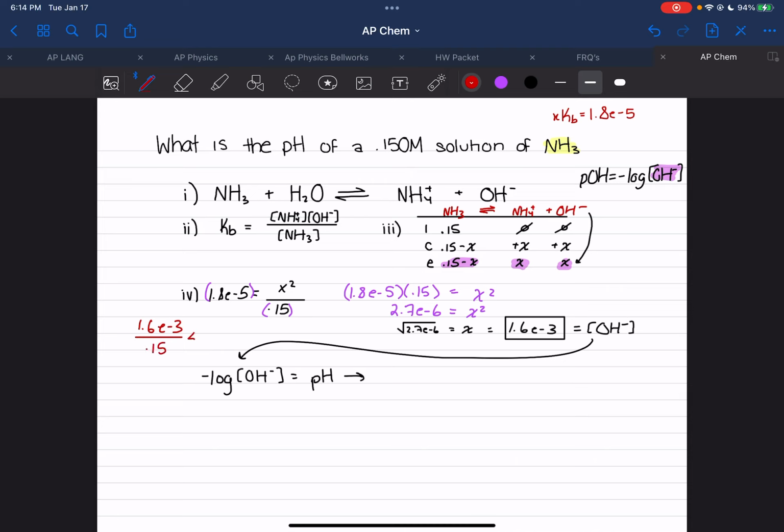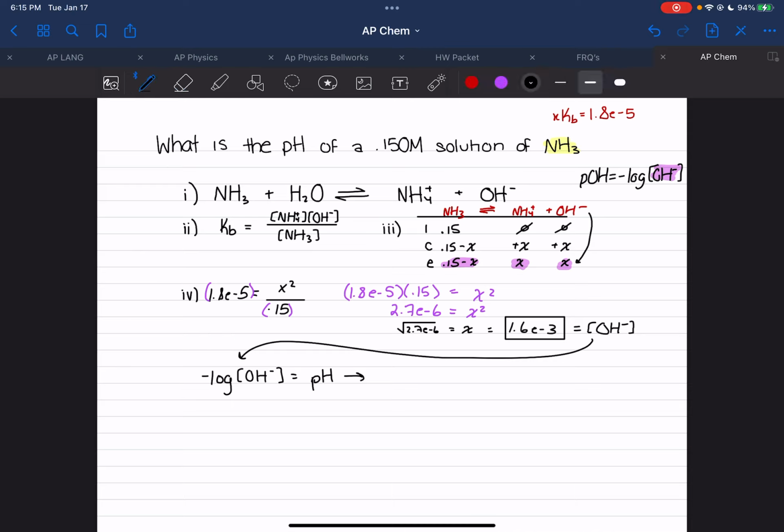If that is less than 5 once multiplied by 100, then you can use this rule. So when you do this divided by 0.15, you get 0.01 times 100, which gives you precisely 1.1%, which is less than 5. So you can use this. You don't have to use the quadratic formula.